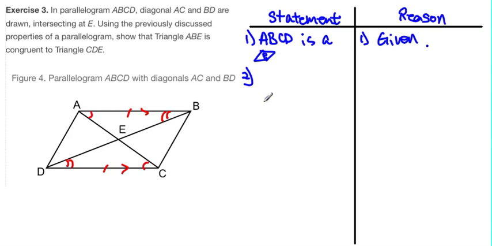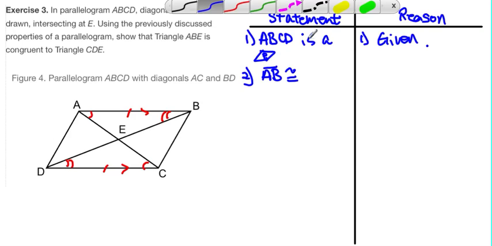Now, second, as we talked about, line segment AB is congruent to line segment CD.